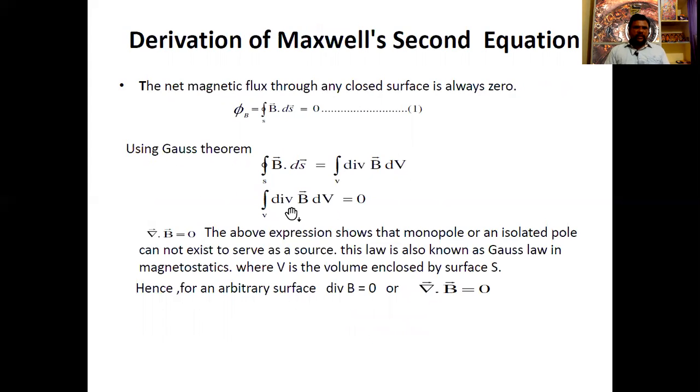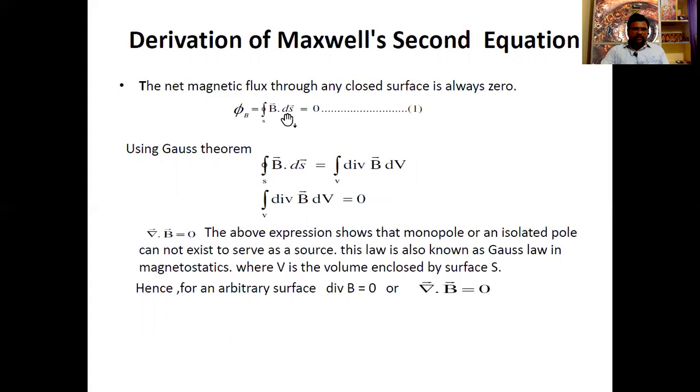Now let us derive Maxwell's second electromagnetic equation. Gauss law in magnetostatics can be written as surface integral of B bar dot dS bar is equal to 0. The right side is anyway 0.